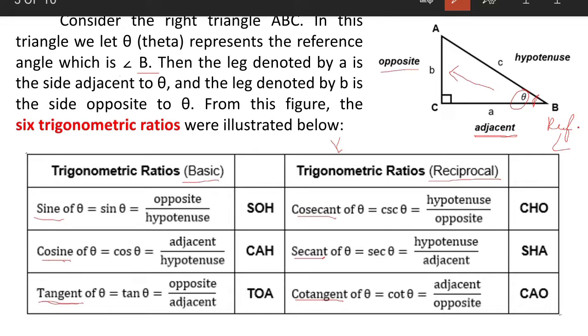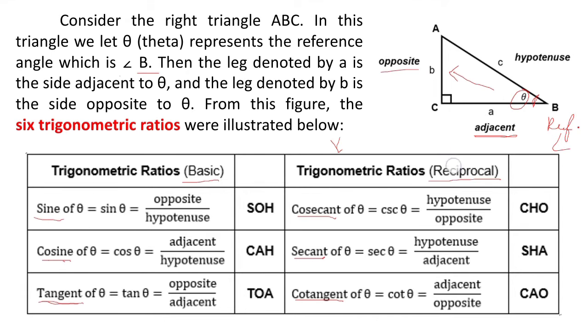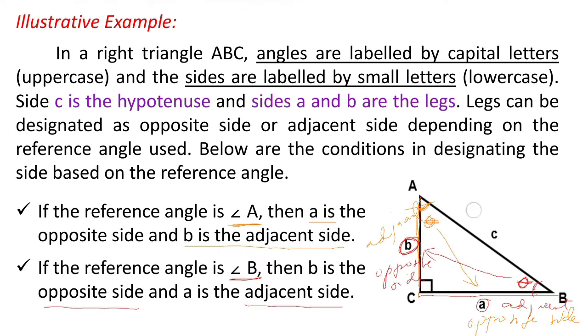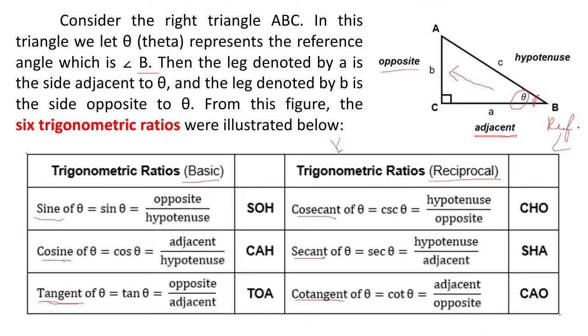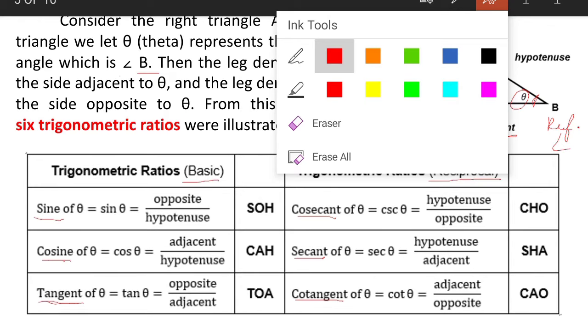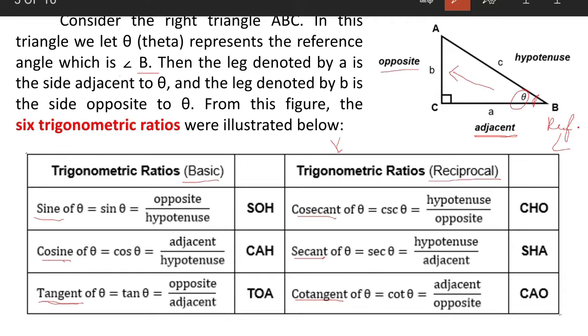So, how do we derive the ratios of this trigonometric function, sine, cosine, tangent, cosecant, secant, and then cotangent? We will base on this figure. Okay, so let's have first the sine of theta or sine theta. Sine theta is equal to opposite over hypotenuse.